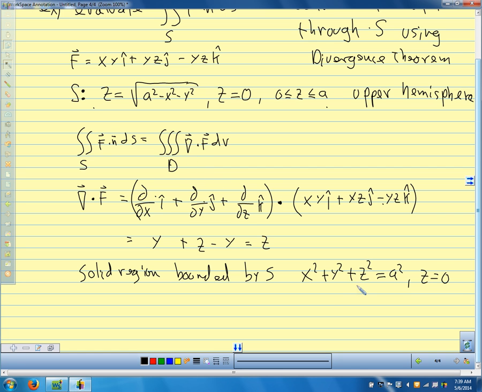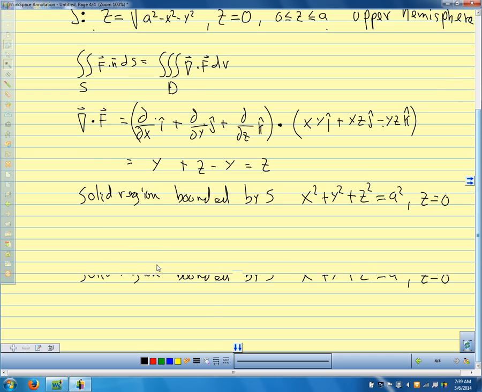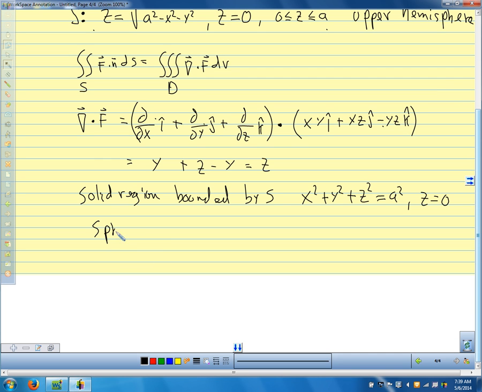Spherical coordinates. So this is going to be really nice. We're talking about a sphere, spherical coordinates, and we're integrating z in spherical coordinates. So we're going to use spherical coordinates. z equals rho cosine phi.